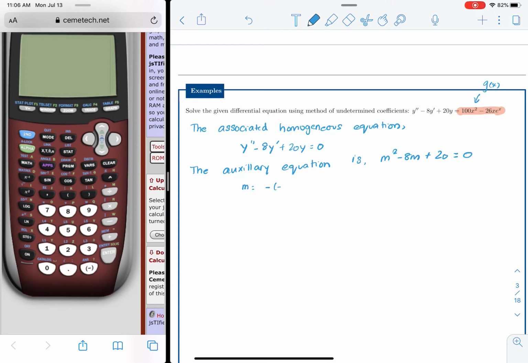Minus b, plus or minus square root of b squared minus 4 times a times c, divided by 2a. It's 8, plus or minus, square root of 64 minus 80, divided by 2.